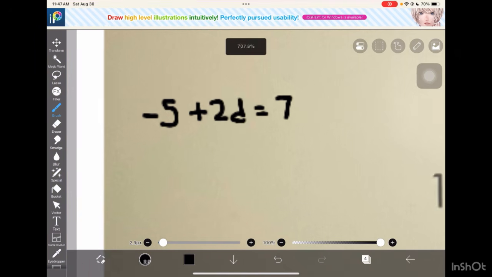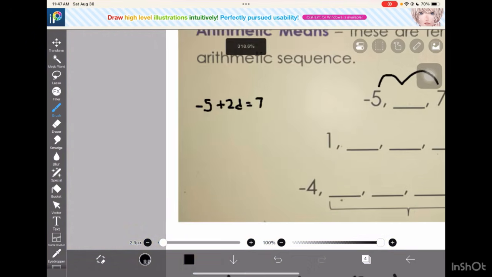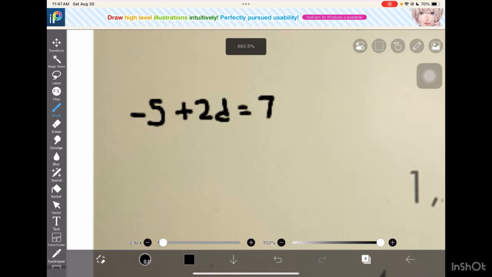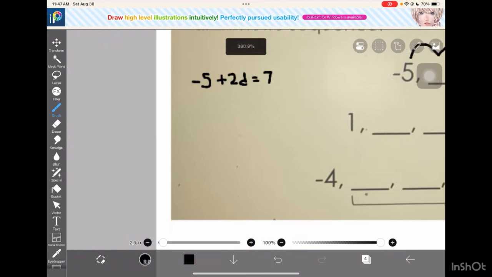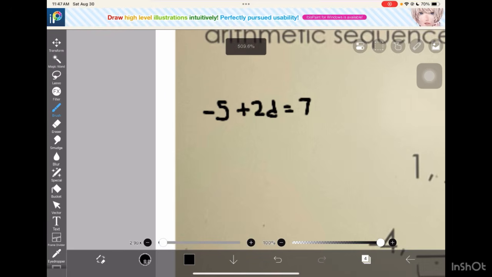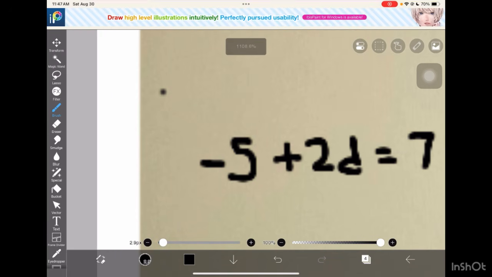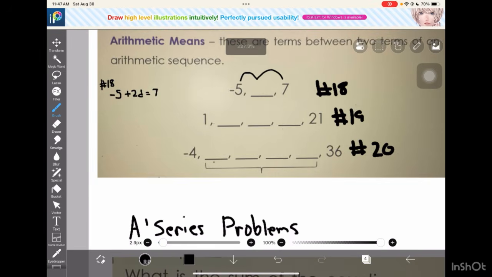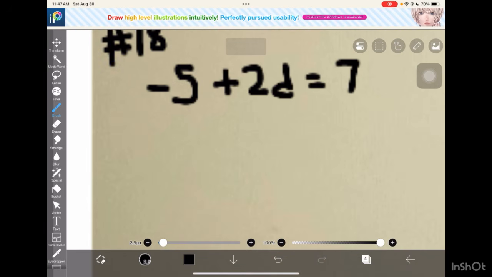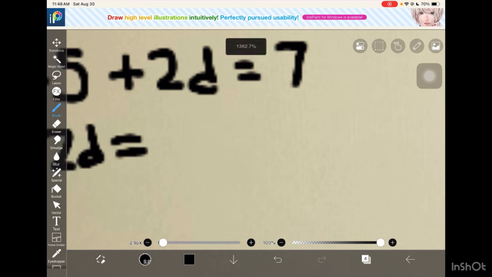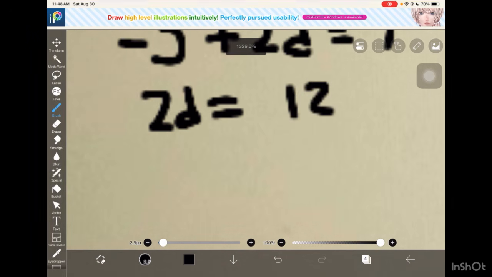Now, let's find the common difference. I'll just label the solutions as well, might as well. So this is for number 18. We transpose the negative 5, it becomes 2d is equal to 12, and divide both sides by 2, d is equal to 6.